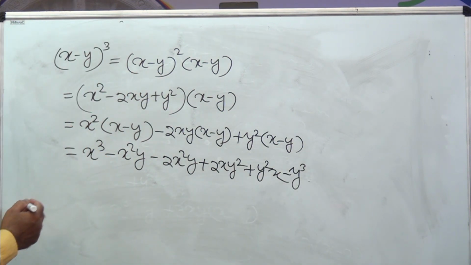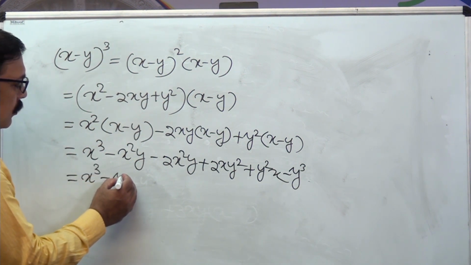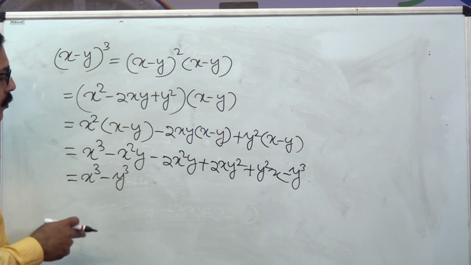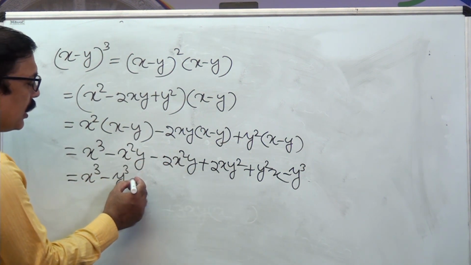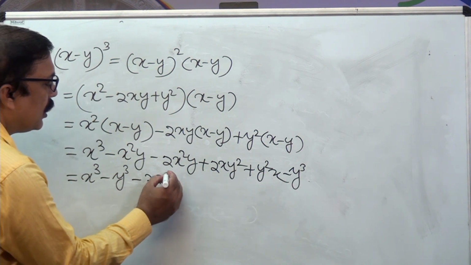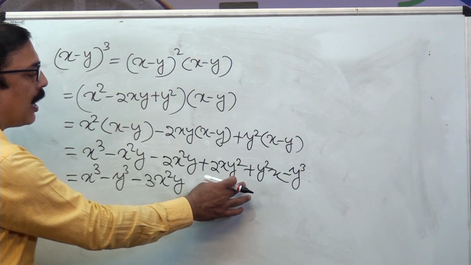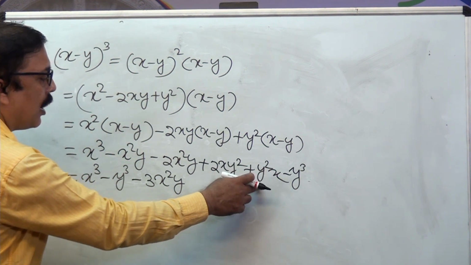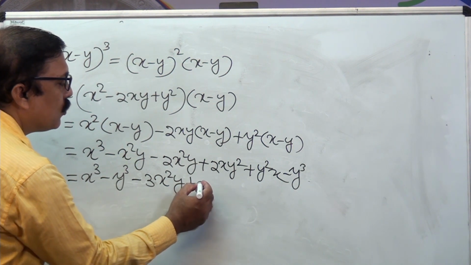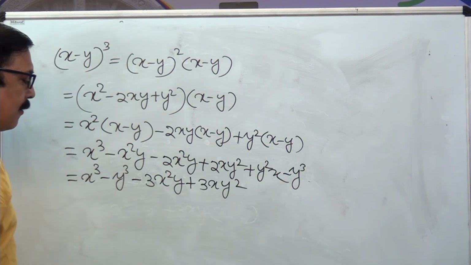Now let's rearrange it. We have x cube minus y cube, then minus x square y minus 2x square y gives minus 3x square y, then plus 2xy square and here it is plus xy square. Sum of these two is 3xy square.